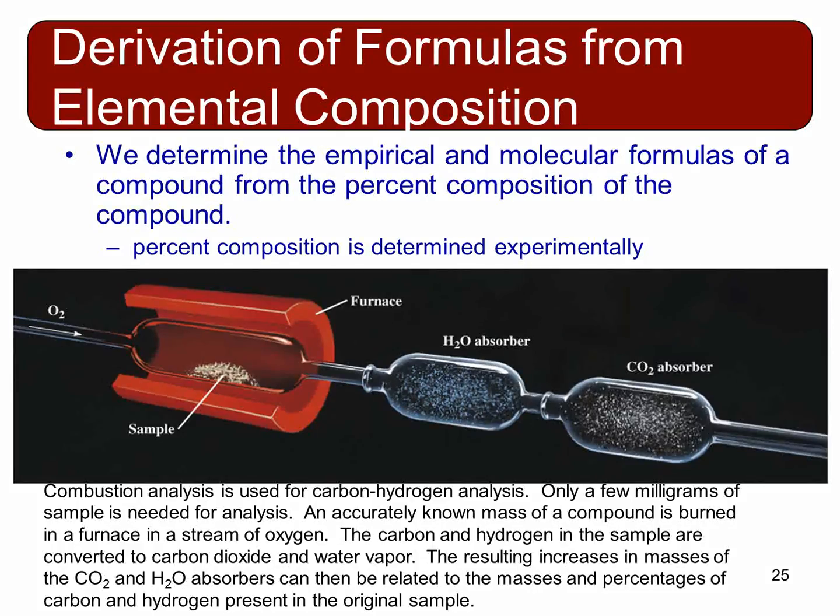Okay, so you're going to heat it, you're going to stream in oxygen into the tube, and the sample is going to combust. A combustion reaction produces CO2 and water, and it's going to be absorbed into these areas here.